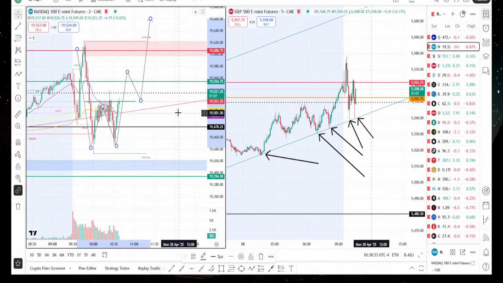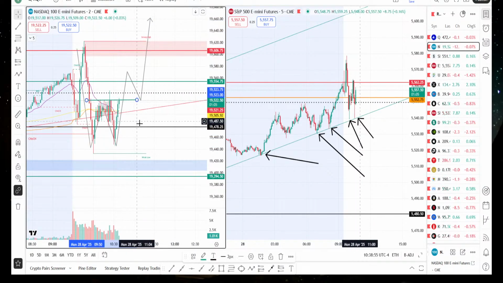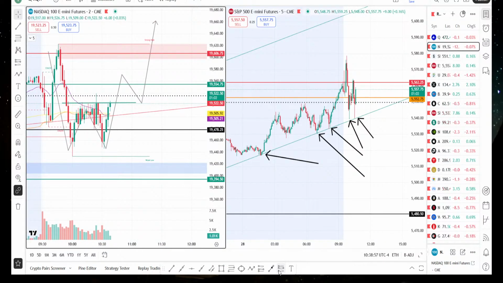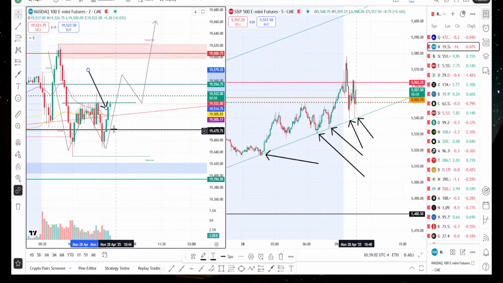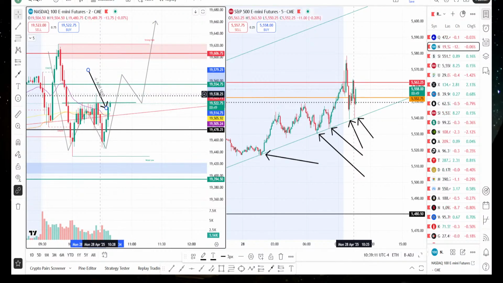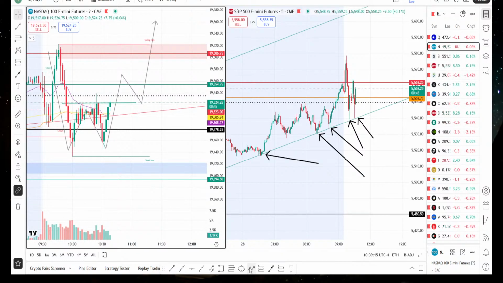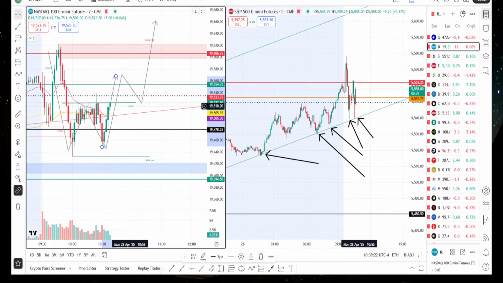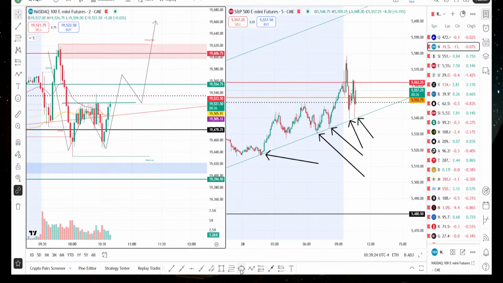Well, you could buy it on the first entry that I see, which is probably as it crosses the 21 EMA. If it does it in a very strong fashion, then that could be your entry there. We got 1, 2, 3 green candles in a row. Another way is you can let the market break this resistance and then wait for a pullback, and then enter here.